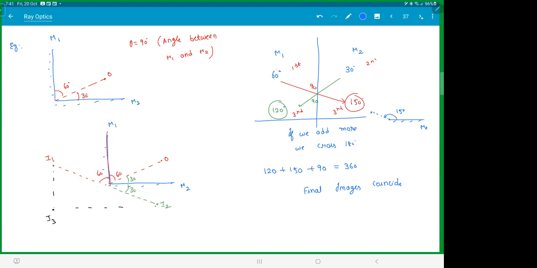So the first image will form at 60 from M1. So that is this guy. Second image will form 30 from M2. That is this guy. And the third image will form at 120 from M1. So that is this guy. The third image for M2 will form 150 from this guy. Luckily, that is the same point. So they will overlap here. You're getting how to measure that?